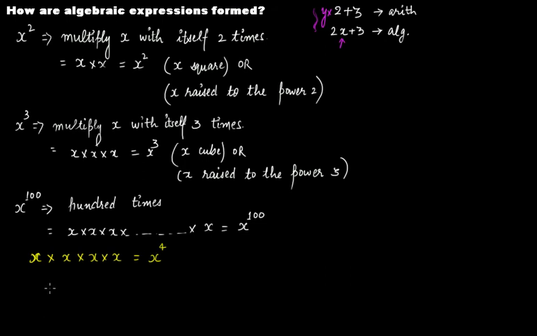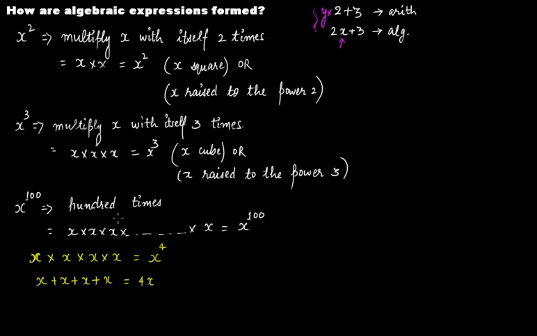Now don't confuse it with x plus x plus x plus x. If x has been added to itself 4 times, it becomes 4 times x. But if it has been multiplied 4 times, then it is actually x raised to the power 4.